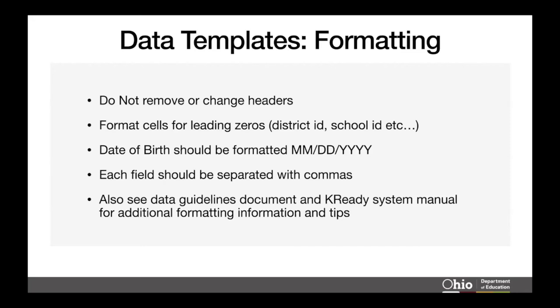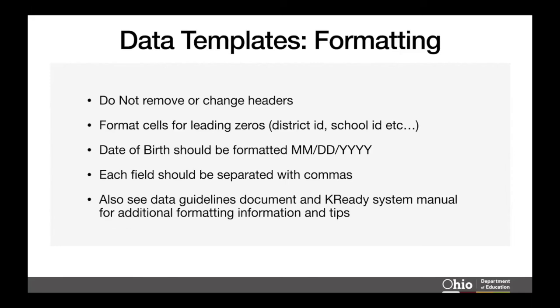But it's very critical that these cells, for instance, the district ID or school ID, will strip away the zero. It's important that the leading zero is there in the CSV that you are uploading. Likewise, with the date of birth, the format needs to be month, month, day, day, and then 4 spaces for the year.